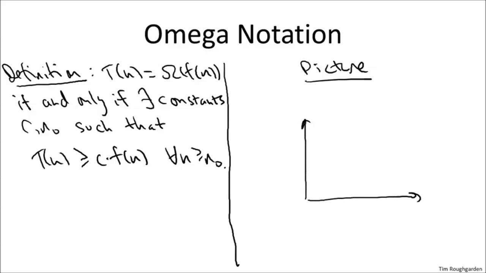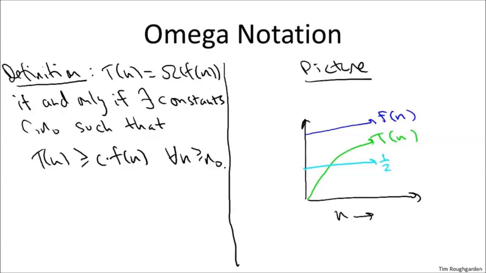There's a picture, just like there was for big O notation. Perhaps we have a function t of n, which looks something like this green curve. And then we have another function, f of n, which is above t of n. But then when we multiply f of n by 1/2, we get something that eventually is always below t of n. So in this picture, this is an example where t of n is indeed big omega of f of n.